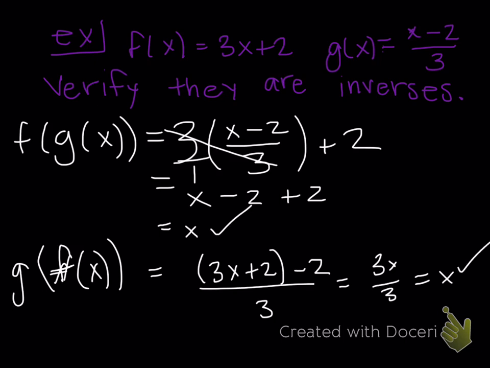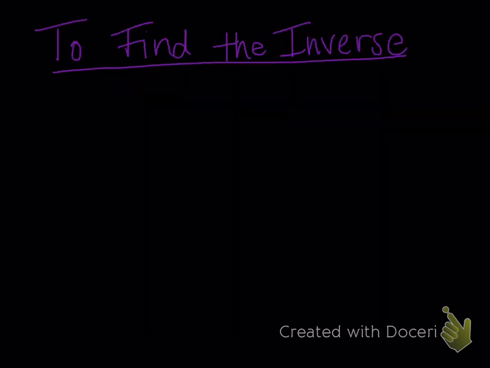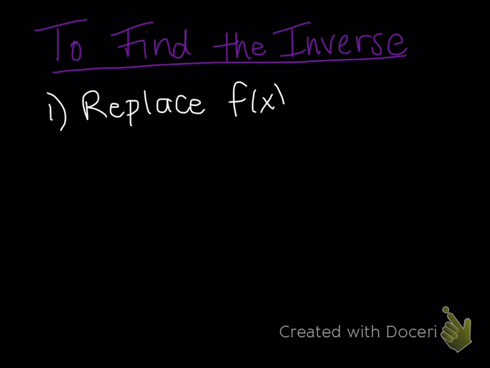So the next thing we're going to discuss is if you have one function, how do you find its inverse? It's a few-step process. Step 1 is to replace f of x with y. Step 2 is to switch x and y.